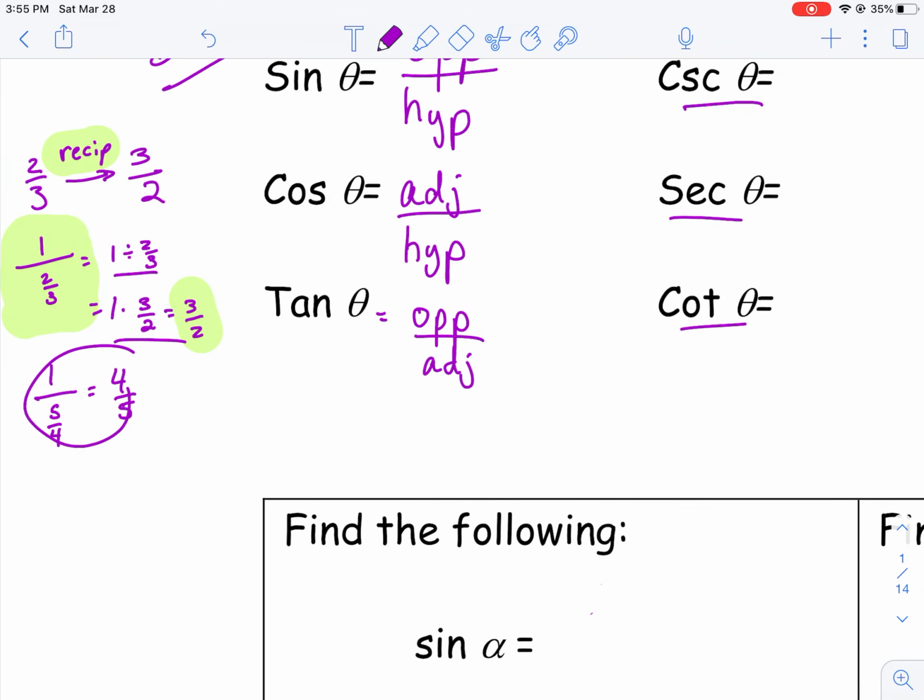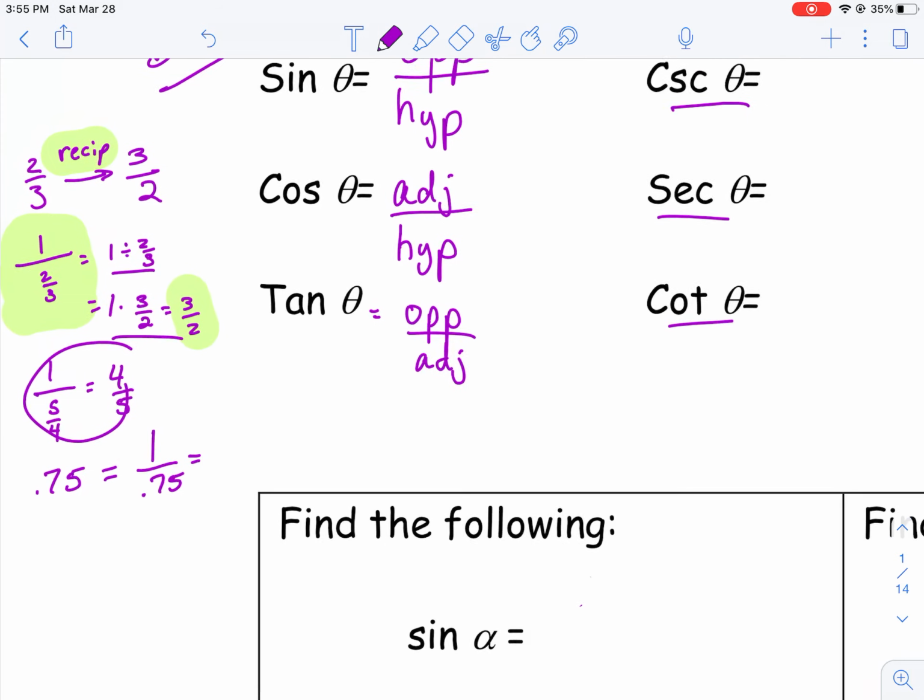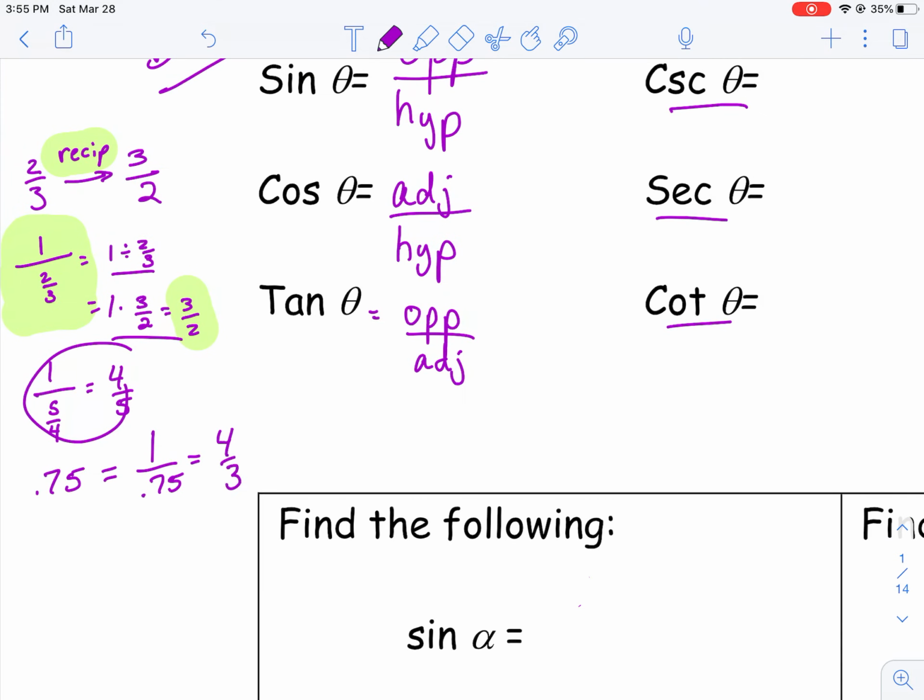One last thing I want to talk about. If I take a decimal, let's take the number 0.75. If I take 1 divided by 0.75, it's going to give me its reciprocal. If you type it in your calculator, you're going to get 1.333 repeating. If you change that into a fraction, you're going to see that that is 4/3. Shouldn't be a surprise.